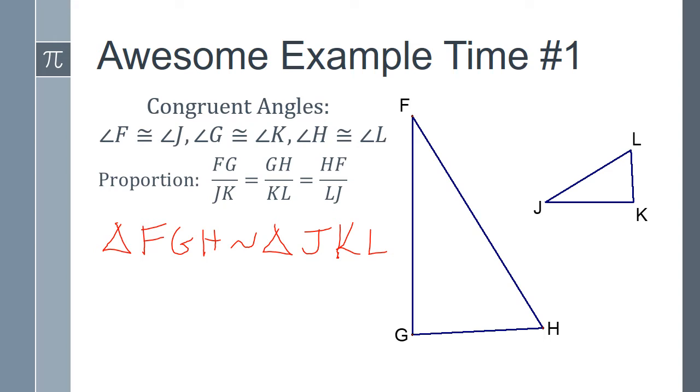Segment FG has got to match up with segment JK. Segment GH has got to match up with segment KL. And segment FH has got to match up with segment JL, or LJ in this case. And you'll see how they've written those proportions. Those would all come out to the same equal value.